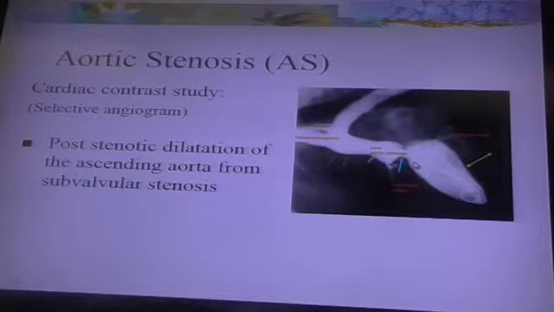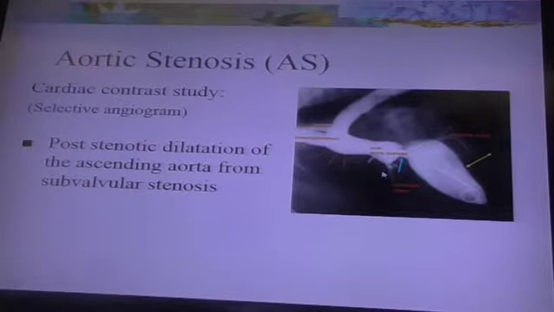The diameter across the aortic valve and the diameter of the ascending aorta: the ascending aorta should be less. And if it is the same width as the measurement across the valves, that's a sign of aortic stenosis or dilation of the outflow tract. So just a little bit of a rule of thumb.